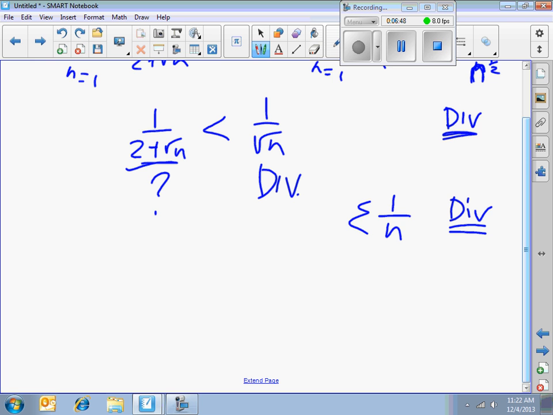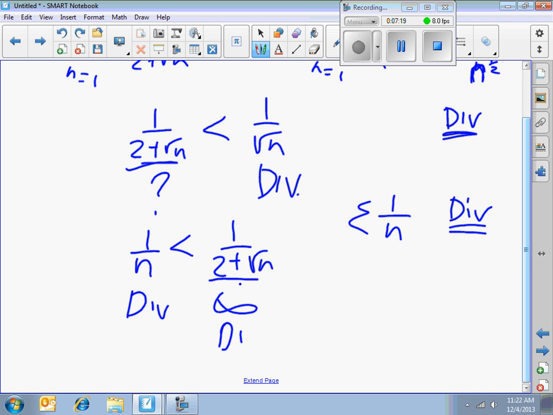But now let's put them in order. 1 over n is less than 1 over 2 plus square root of n. Why is that? Well, clearly n is always going to be a bigger number than 2 plus the square root of n, at least for larger n, as n goes to infinity. That's a true statement. So if that is true and we got it in the right order, this is divergent. If this one's going off to infinity and it's smaller than this one, then this one certainly is going to infinity as well. And so now we can draw the conclusion that that series was divergent.